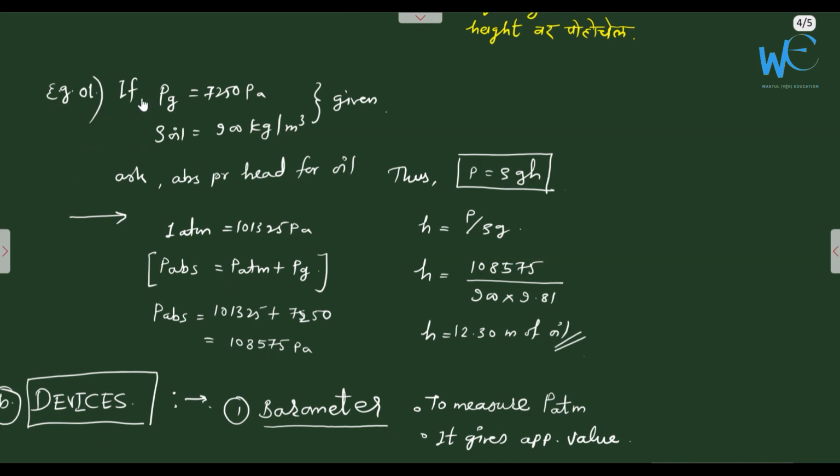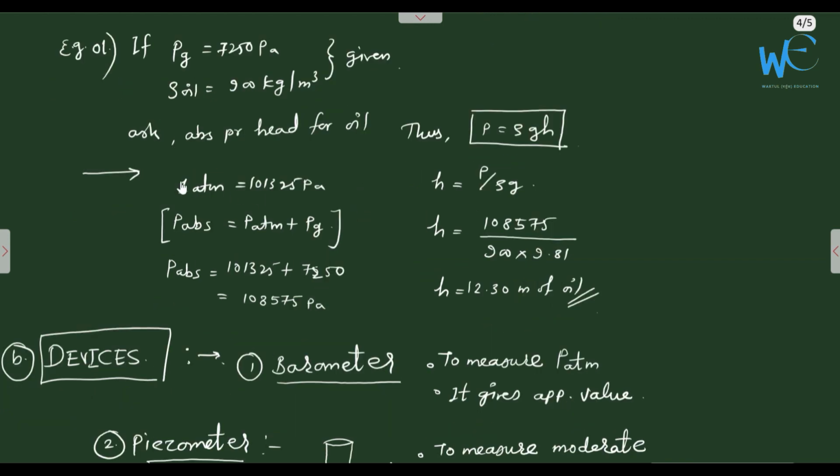If P gauge is 7250 Pascal and density of oil is 900 kg per meter cube, these two values are given, then they ask what is the absolute pressure head for oil. So you have to be well aware that if they ask about absolute pressure head, you first have to get the absolute pressure to convert it into height, because they ask not just absolute pressure, they ask about absolute pressure head.